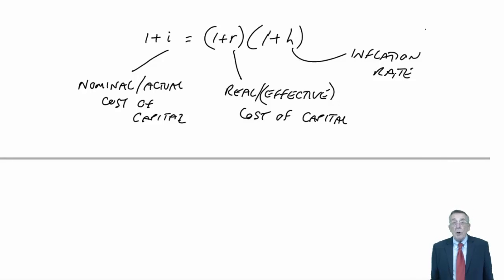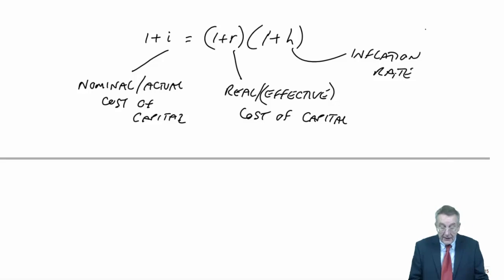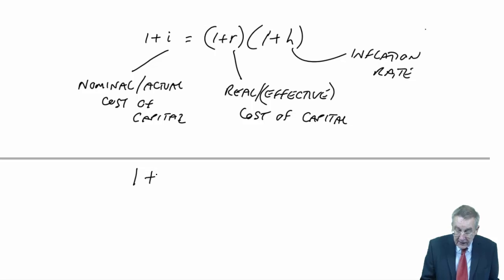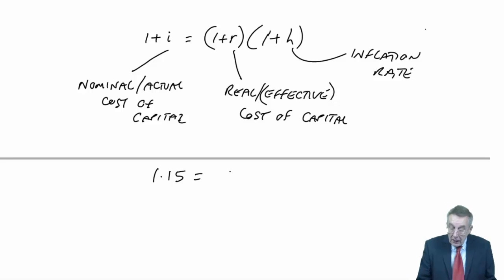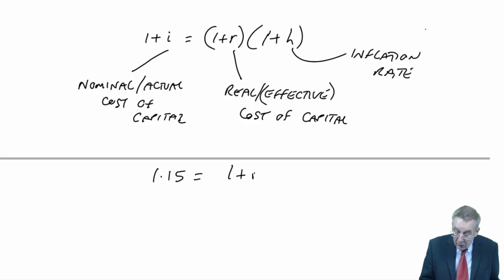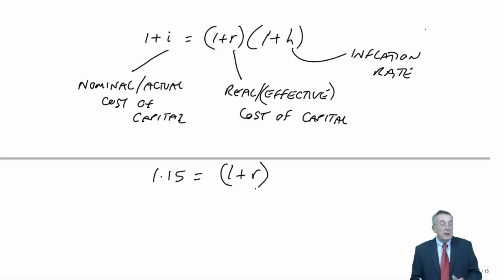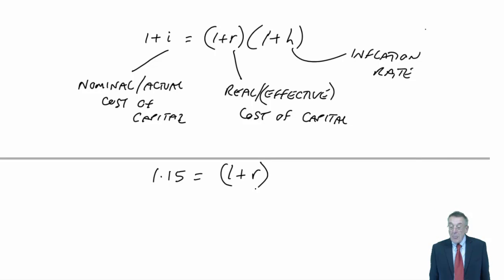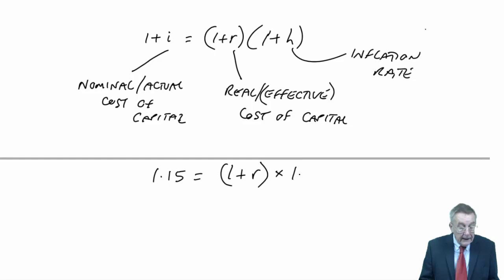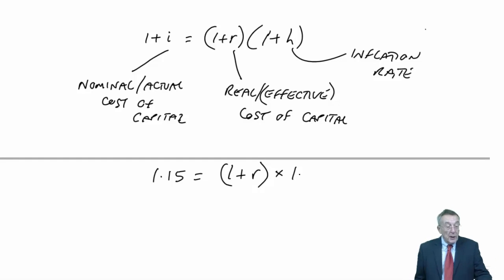And let's just look at that for our question. We know in our question what the actual cost of capital is. It's 15%. So 1 plus 15%, or 0.15, 1.15 equals 1 plus this real or effective cost of capital, which I'm going to explain shortly, times 1 plus the inflation rate. Here, the inflation rate throughout was 5%, so 1.05.